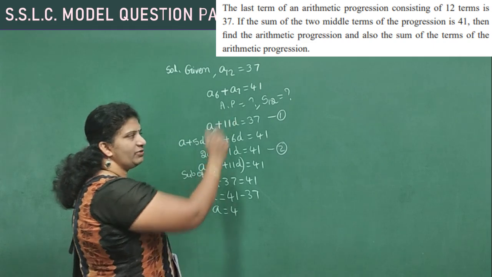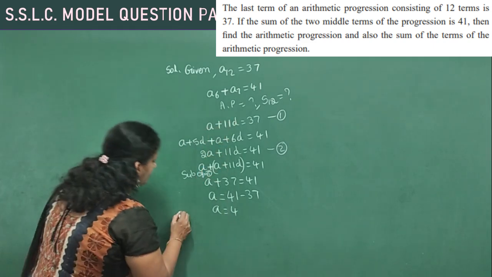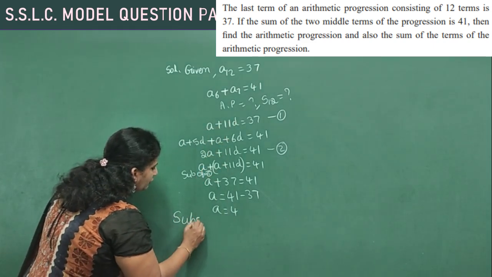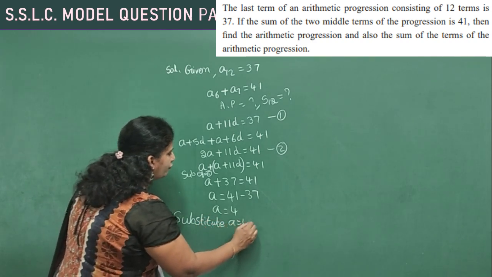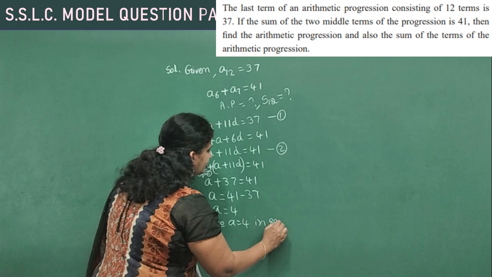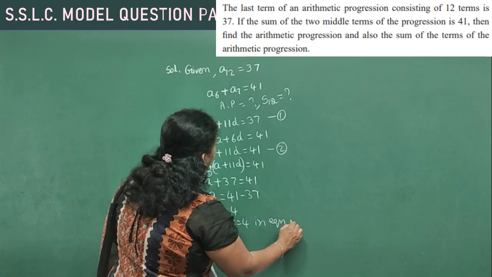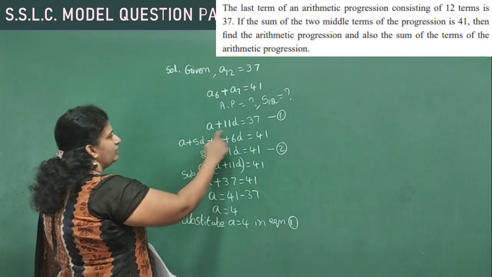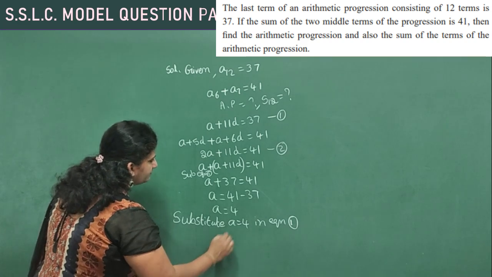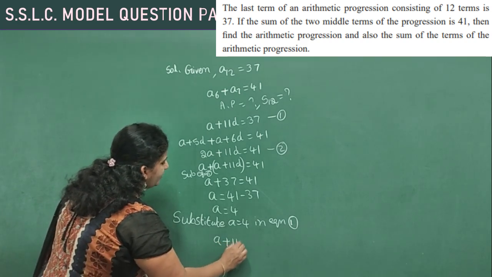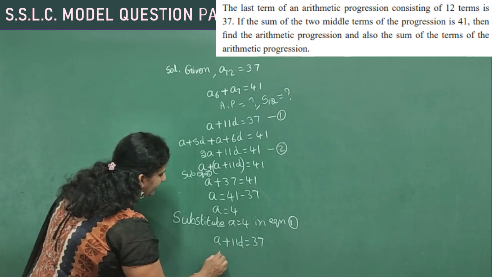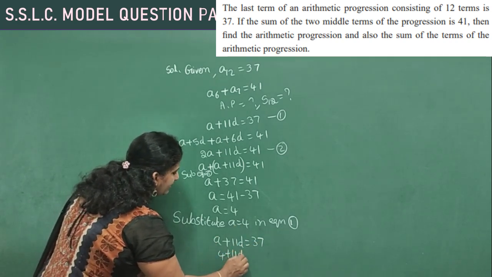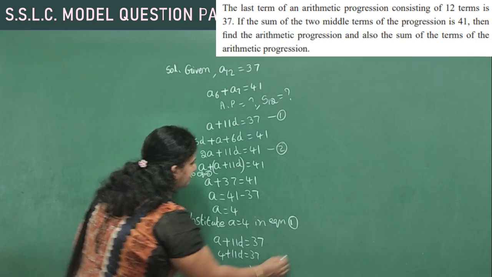Substitute this A value in any one of the equations. Substitute A is equal to 4 in equation 1. Right? A plus 11d is equal to 37. This 4 right here. 4 plus 11d is equal to 37.